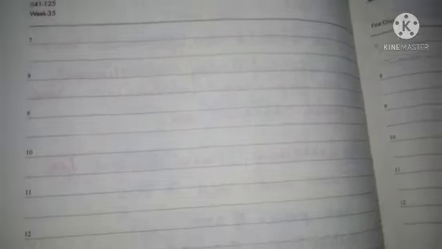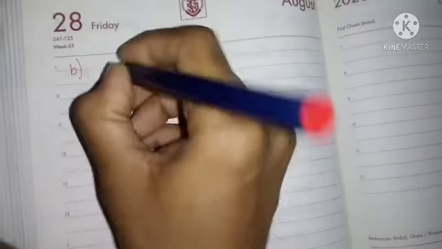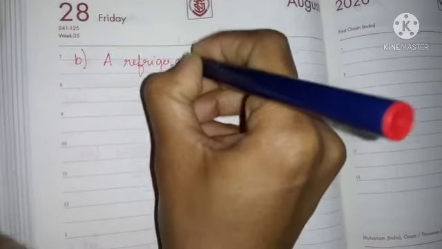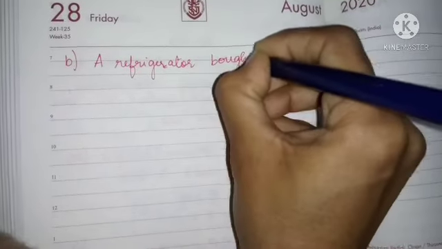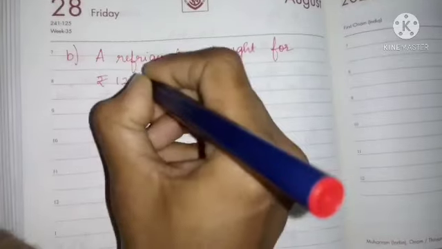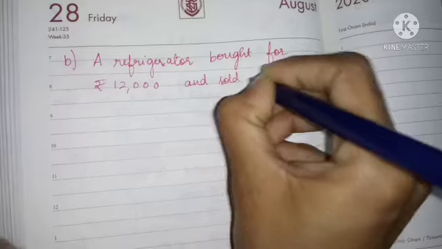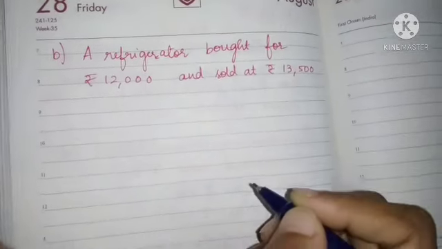Next, we are going to deal with the B problem. What is the question? A refrigerator bought for rupees 12,000 and sold at rupees 13,500.